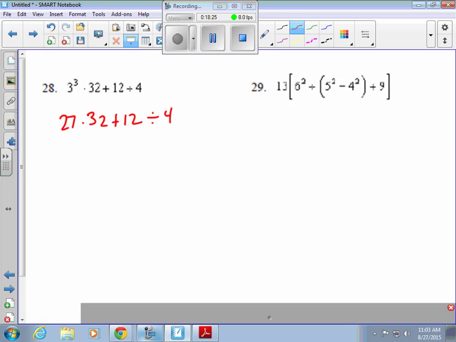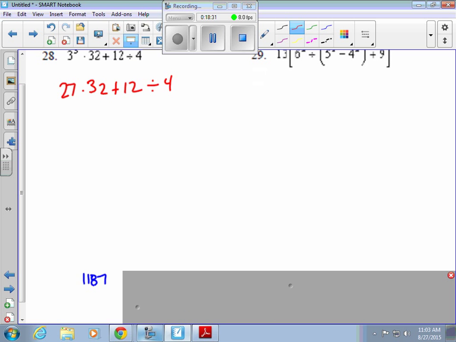The next step is to do your multiplication and your division. 32 times 27, when you do that, is 864. And then 12 divided by 4 is plus 3. When you put those two together, you get 867.